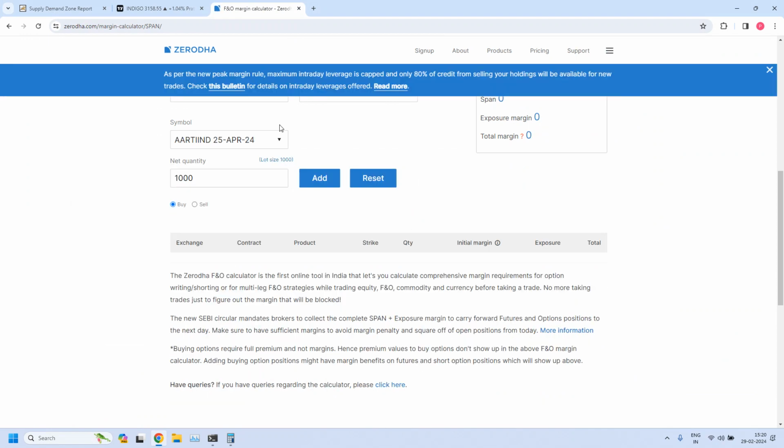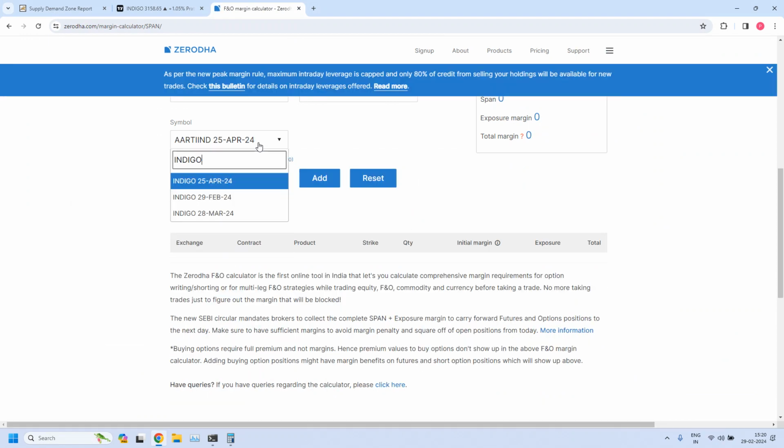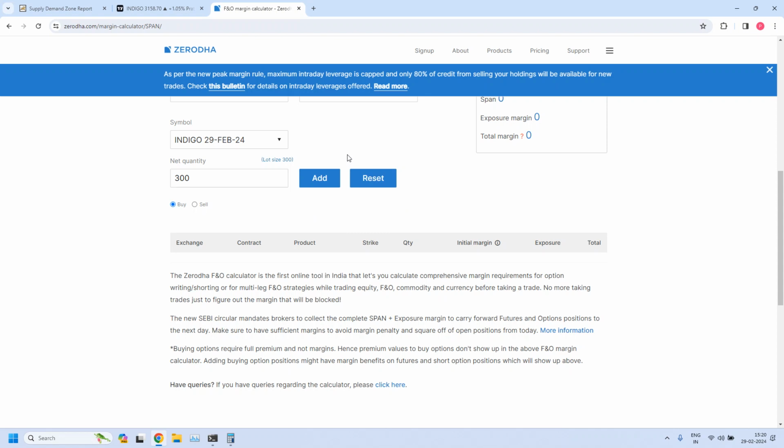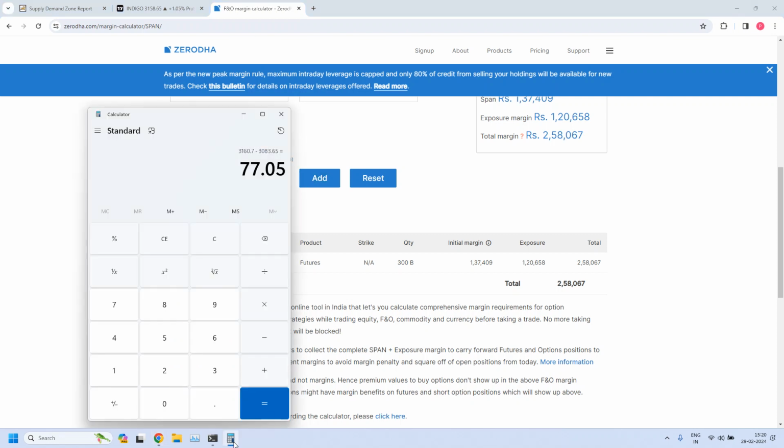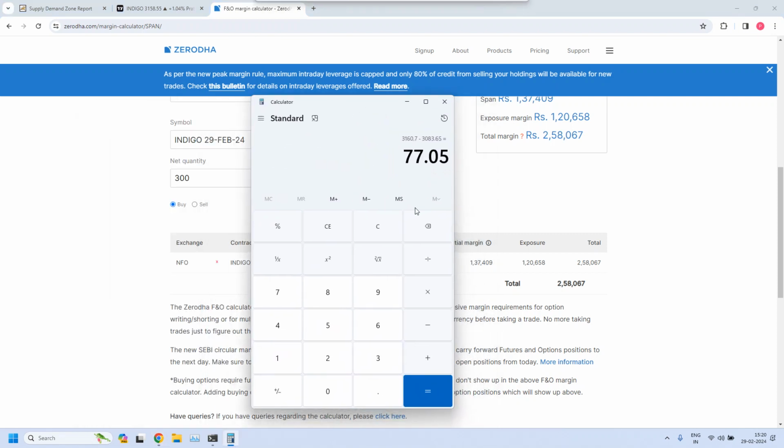Indigo. 300 is the quantity. What is the margin cost? 2,58,000. So 77.05 into 300. 23,000 rupees profit, Indigo. Let me note down. 23,115. What is the ROI?